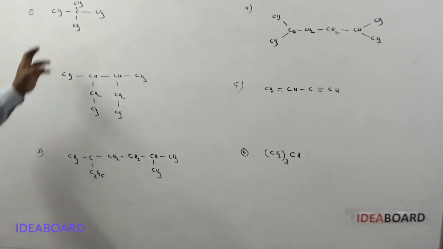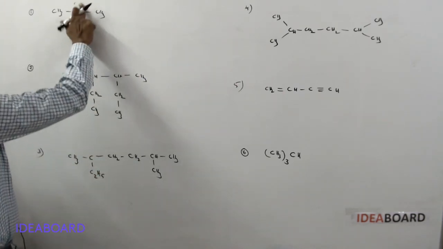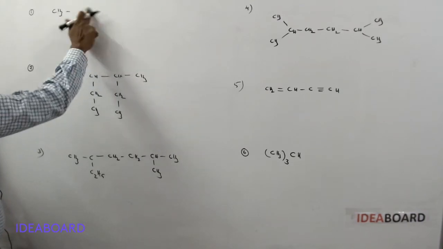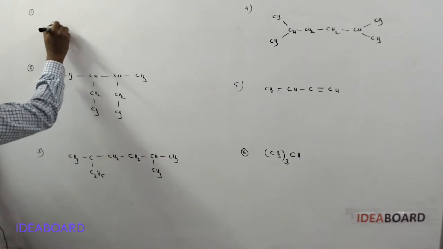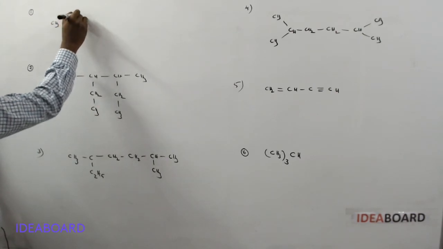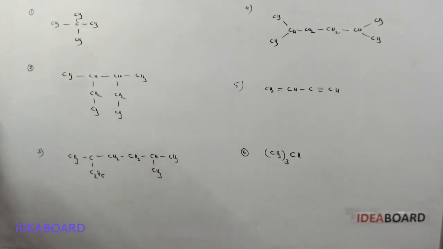Now please see these compounds. If I take this compound, it has methyl groups. So I will write it a little bit down. CH3, C, CH3, CH3, CH3. Then tell me the name of this compound.